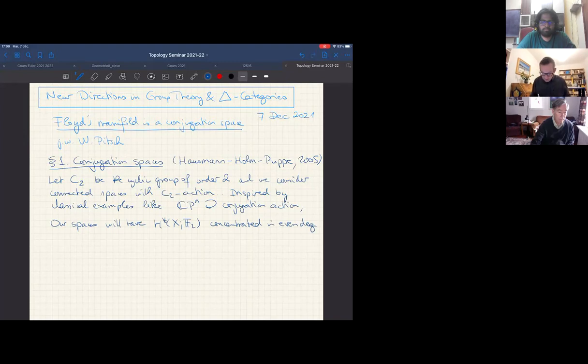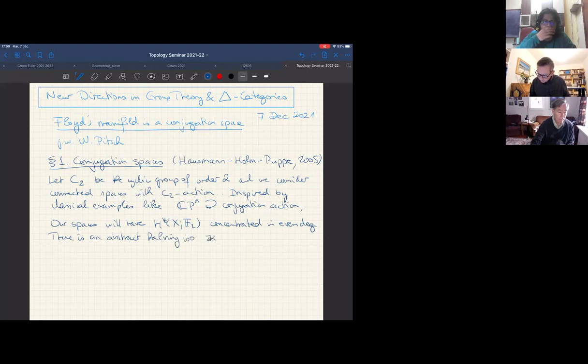And there will be an abstract isomorphism, or maybe I should say halving isomorphism, because it will divide degrees by 2.